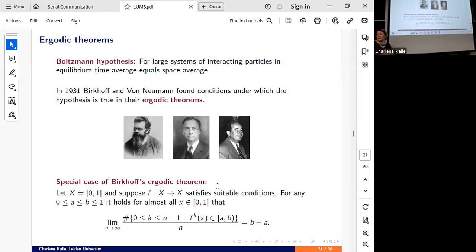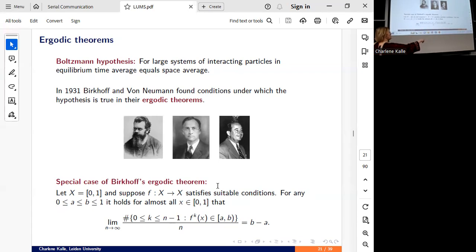Is that clear? So this is a discrete set; it just counts how many times I see this point inside this set. You just follow it, and if it's in there, you add one. You look at the first n times and you divide by n.